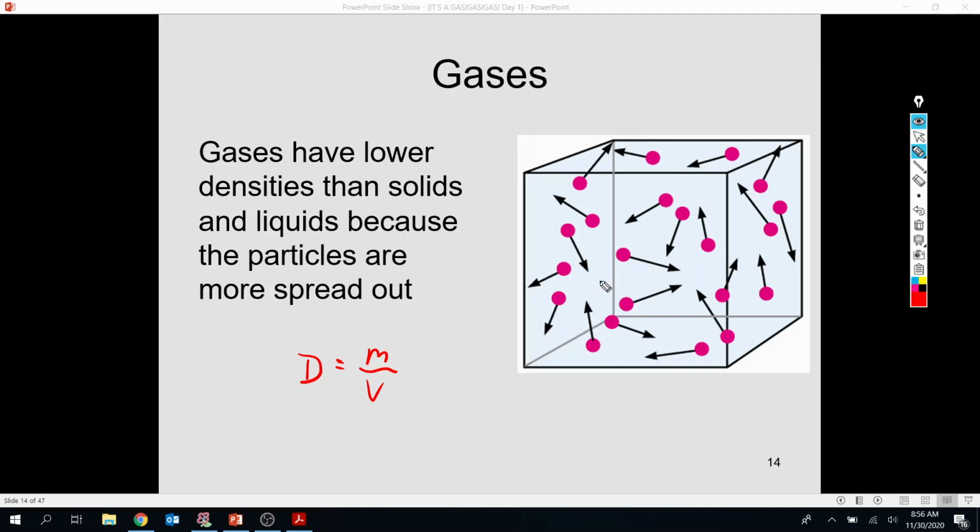If we had a liquid, it might be just as tight, or maybe even a little tighter than the solid. So solids and liquids would completely fill the space. Gases have lots of open space in between, and so the density, meaning how much mass we have in a given amount of volume, is much lower.